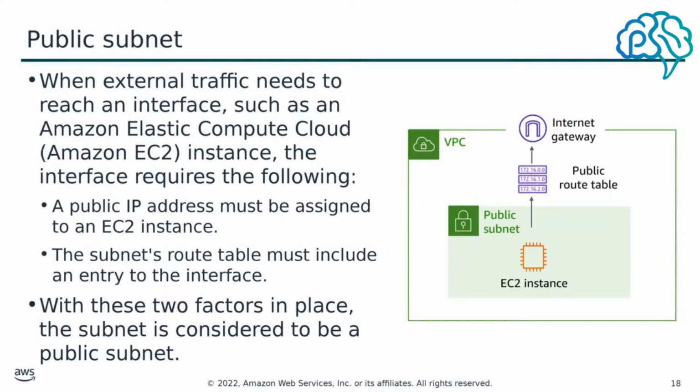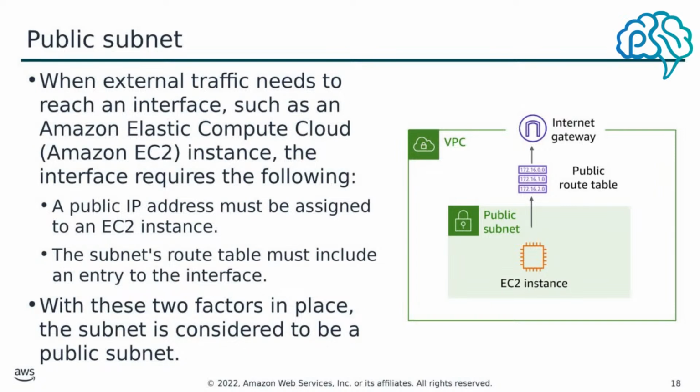Now, if we get into a public subnet, things are a little bit different. In terms of a diagram with a public subnet from a VPC, the traffic from an EC2 instance in the subnet would go to a public route table and then to the internet gateway.